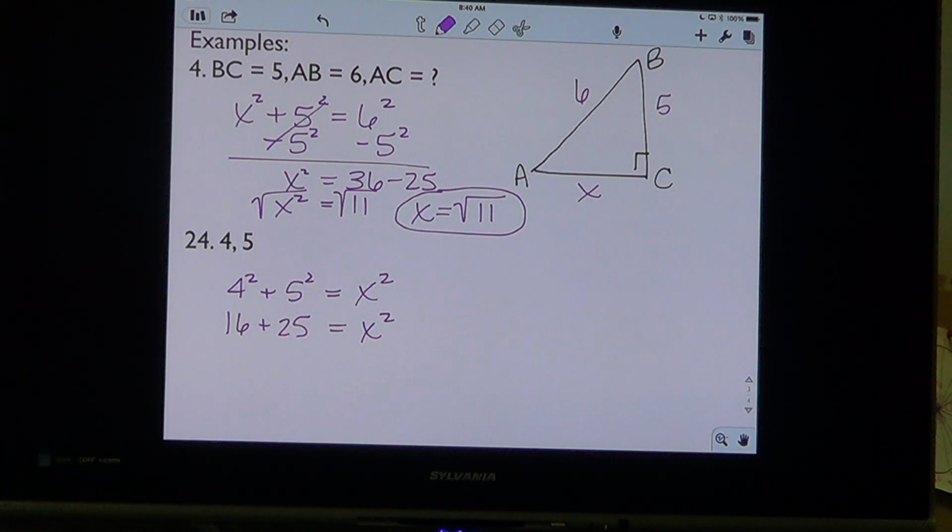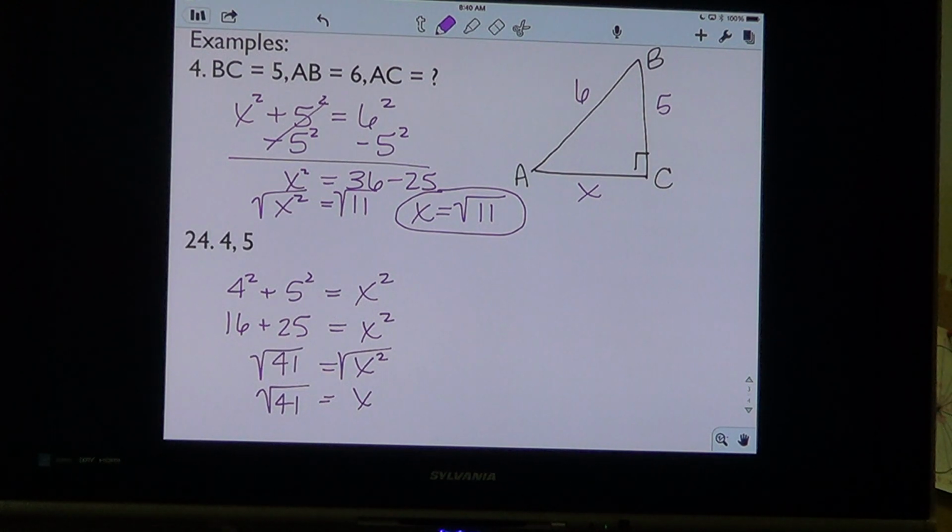And so 41 equals x squared, so x will equal the square root of 41. And that is also prime. So that is one possibility.